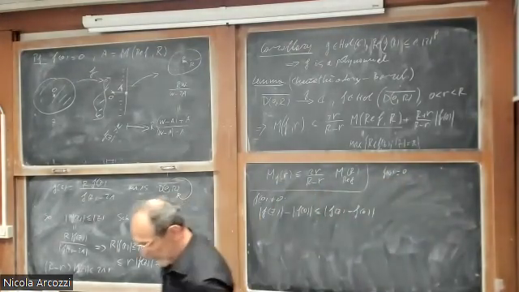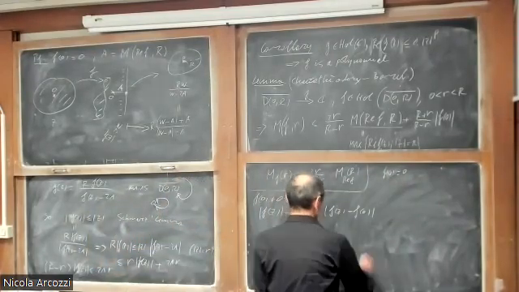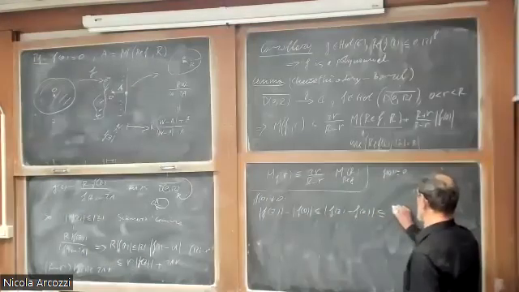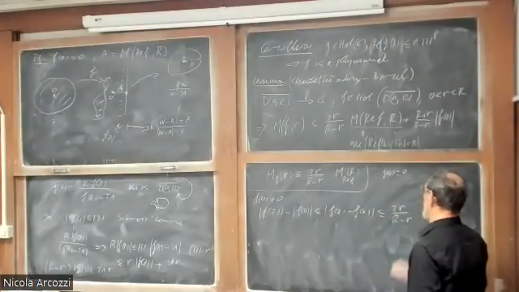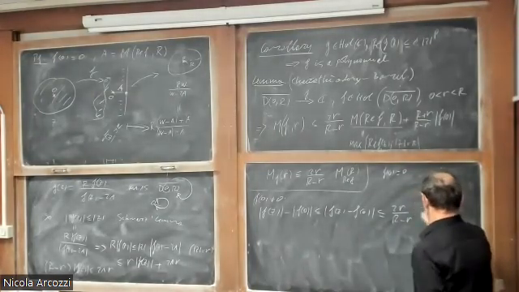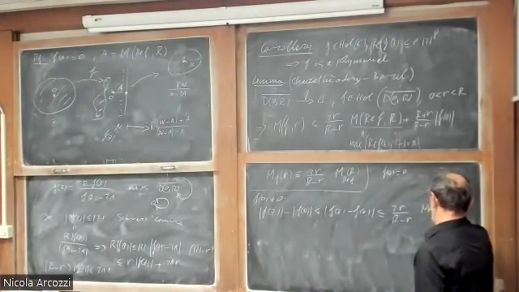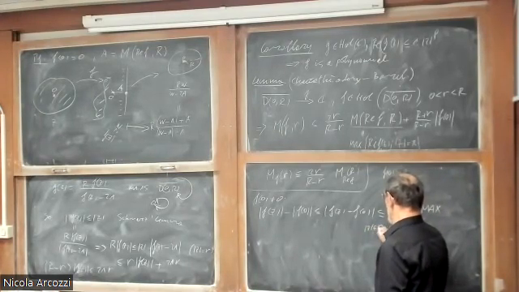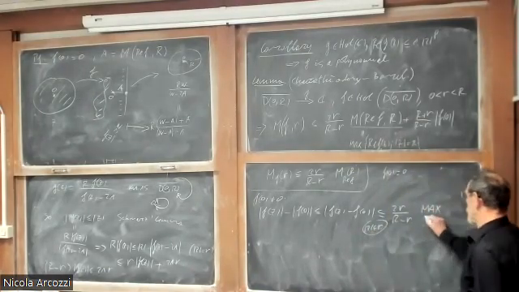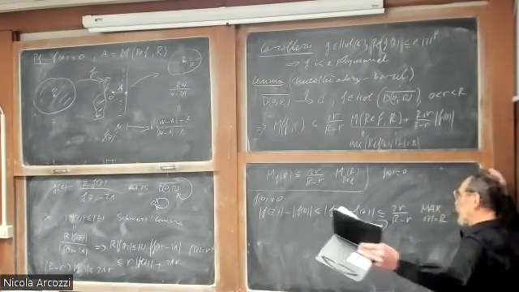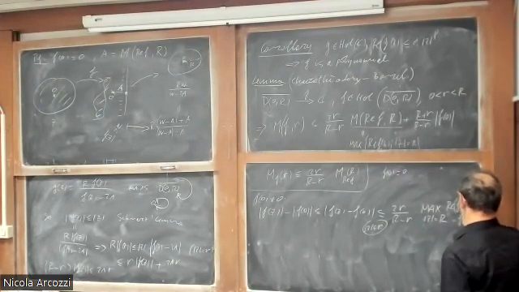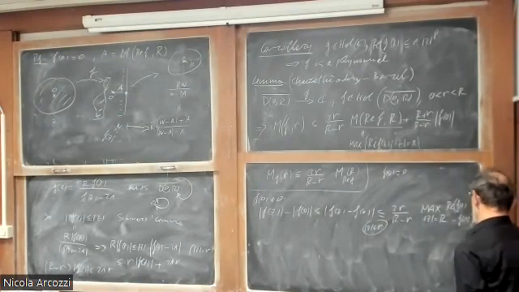So that's less than or equal to 2r over R minus r times the maximum for mod z equal to the big one, capital R, of the real part of f of z minus f of 0.